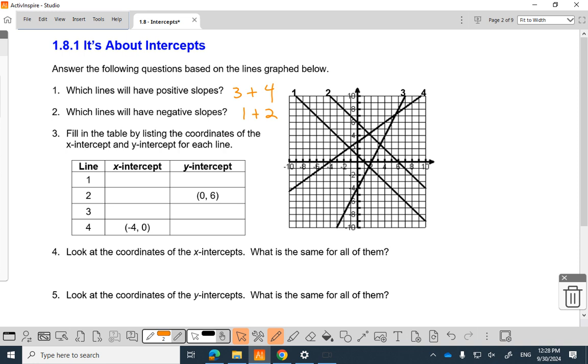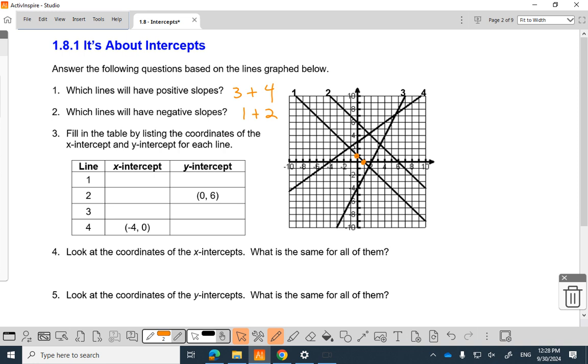It says fill in the table by listing the coordinates of the x and y intercept of each line. Well, we talked about x and y intercepts. So let's look at number 1, and I think your grid's a little small, so this might be a little difficult. You might have to look on my page to see. Line 1 has a x-intercept there and a y-intercept there. Can you see that on line 1?